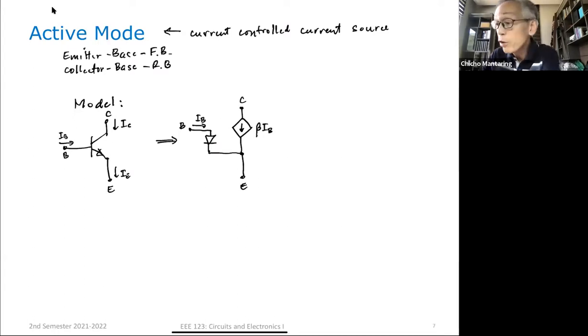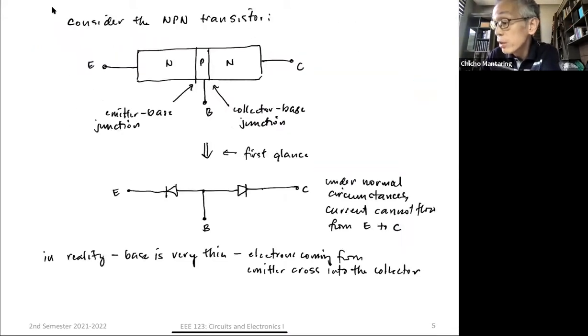If you take a look at the simplified construction, from base to emitter, it's really just a diode, because that's from P to N. So it's rightfully modeled in the model that I just constructed. Now, from the collector to emitter, it is a controlled current source.